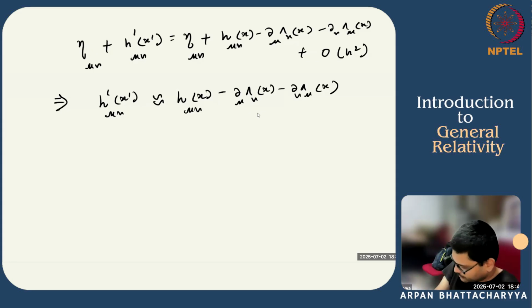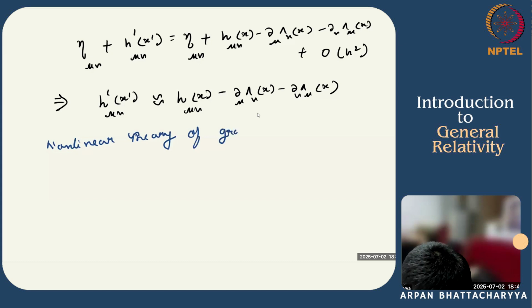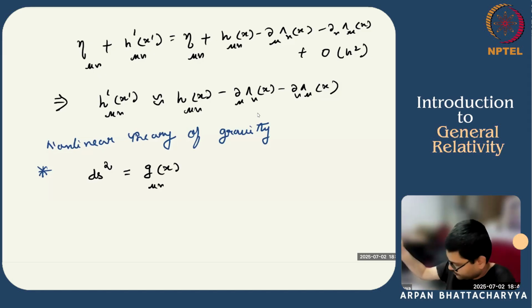So we can conclude that the full nonlinear theory of gravity should be described by a generic curved metric, whose components we denote by g mu nu, which is a function of x.